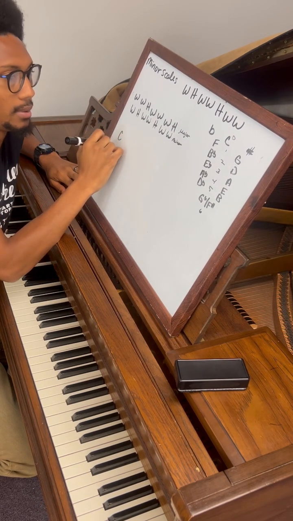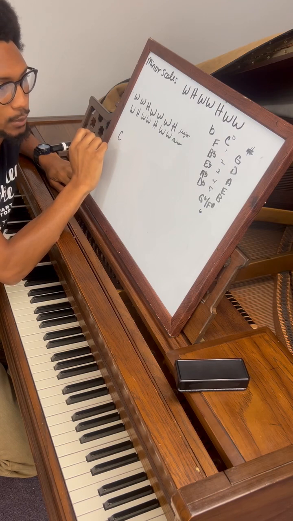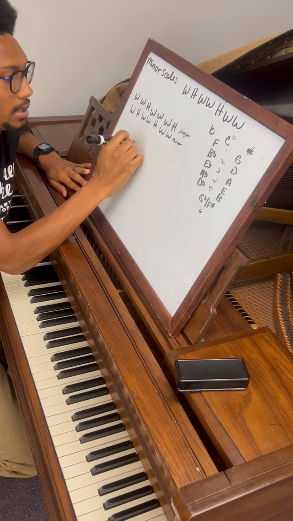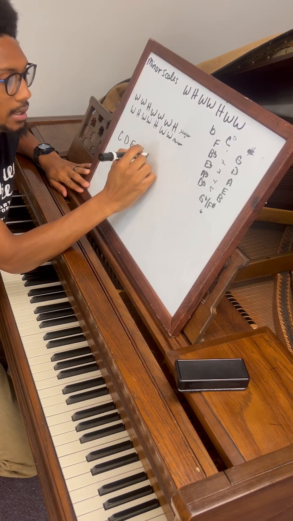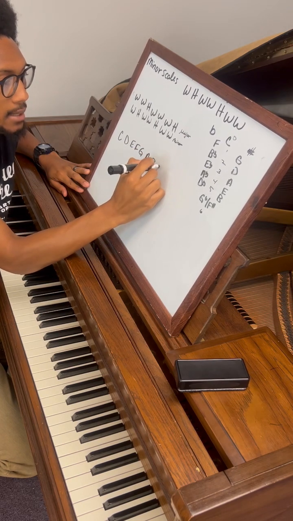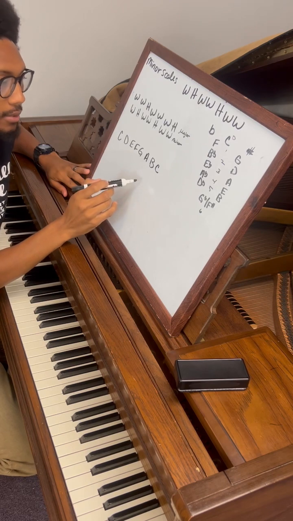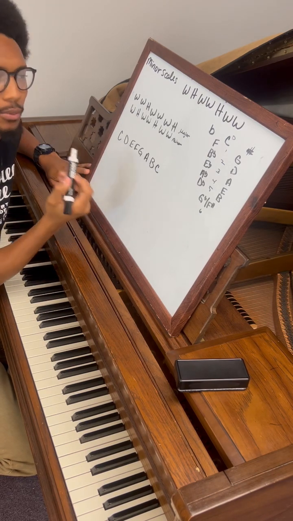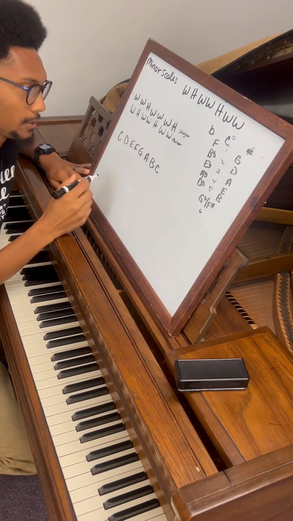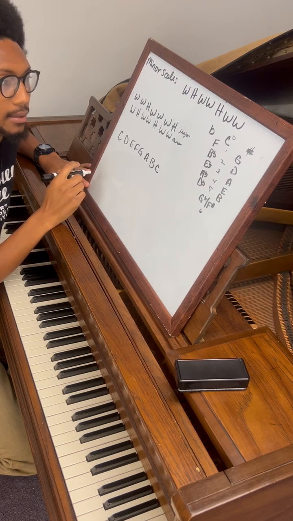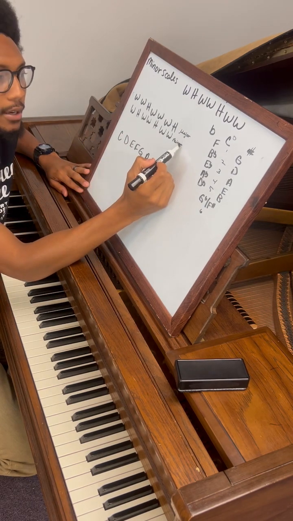Using C, for example, D, E, F, G, A, B, C, we know that this is a major scale because it has no sharps, no flats, and we keep saying that over and over again for repetition. But now we're about to change that using the minor scale.